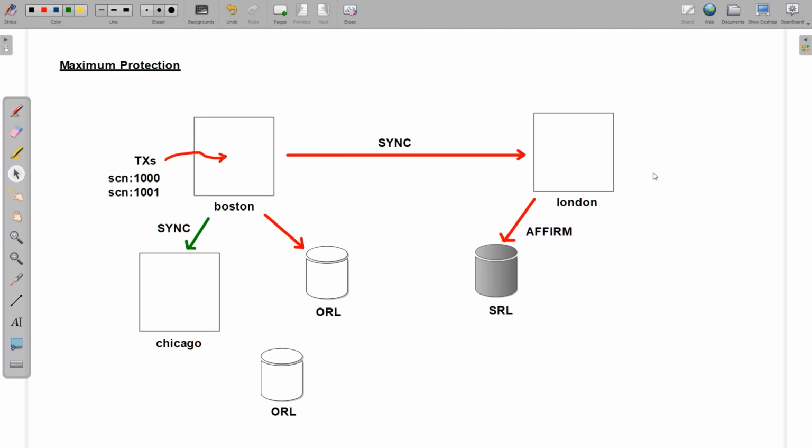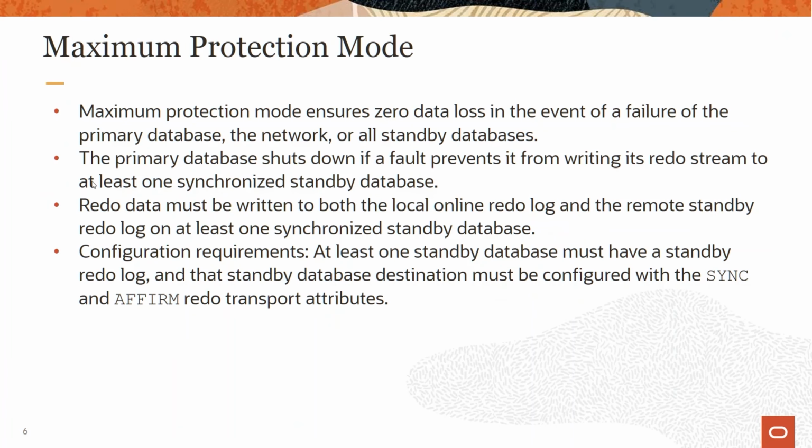So what I'm going to do is come back to a slide to compare with the actual information in the text and also this discussion. Okay, so here, maximum protection mode. First bullet: maximum protection mode ensures zero data loss in the event of a failure of the primary database and network or all standby databases.